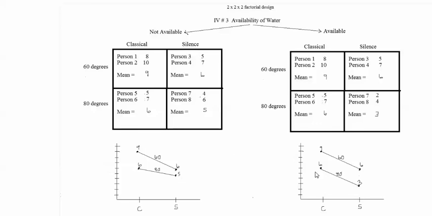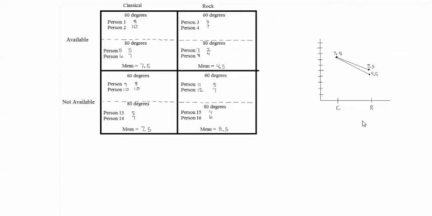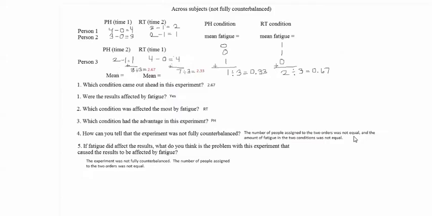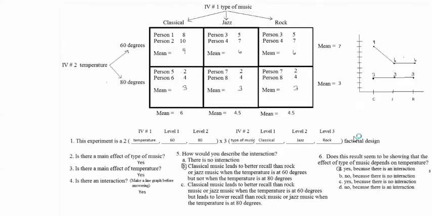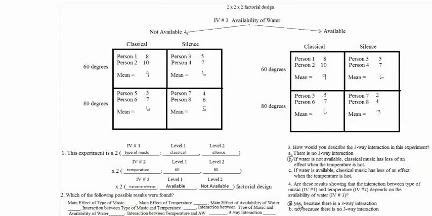So the interaction does depend on whether water is available or not available. The interaction does depend on IV3. Let's go back to that page. The answer is yes for number 4.